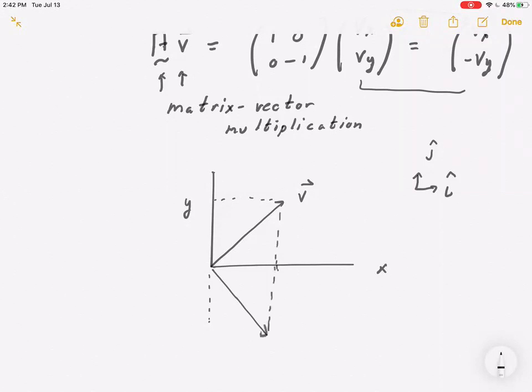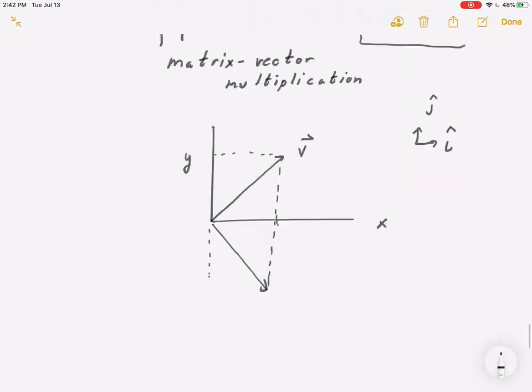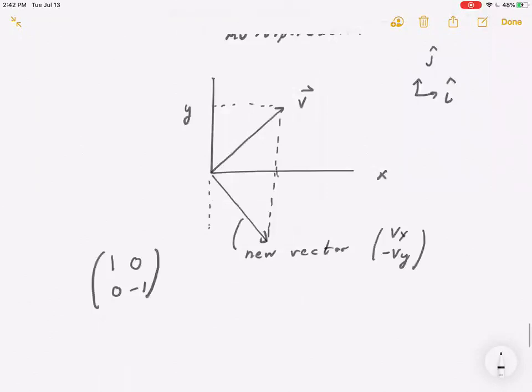So if I have to name this thing, what this matrix is doing is reflecting V through the positive x or I hat axis to give you a new vector. That new vector is just V sub x, minus V sub y. Here's the original vector, V sub x, V sub y.